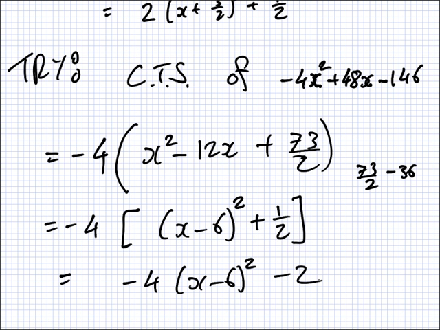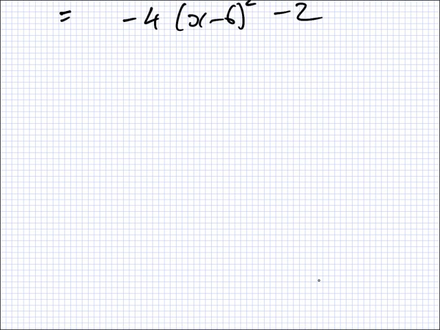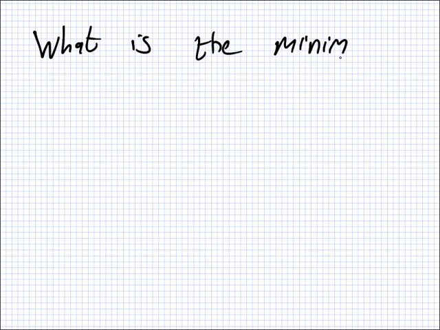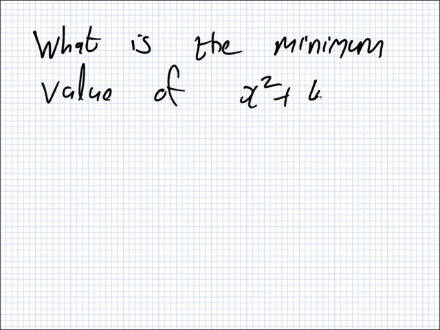Can I scroll down? Yep. So I could say, what is the minimum value of x squared plus 4x plus 9? So you can put in different values of x and you'll get a different answer.